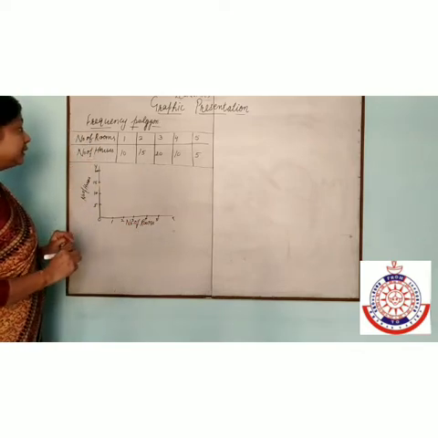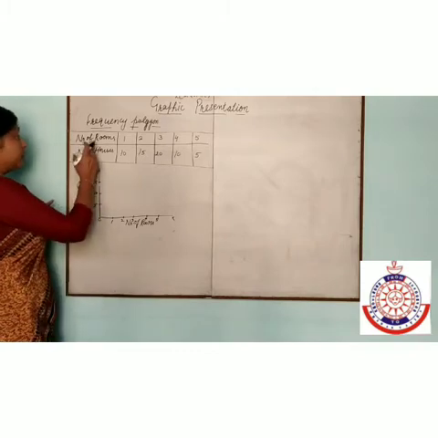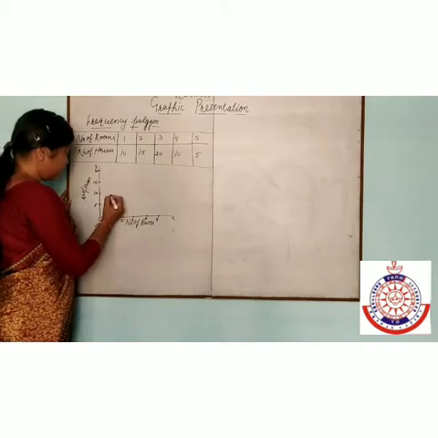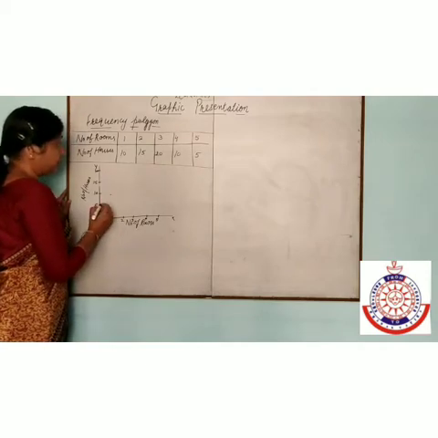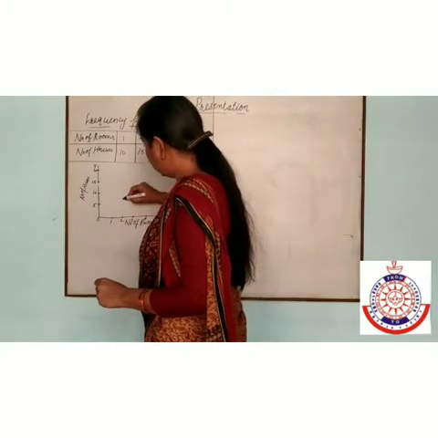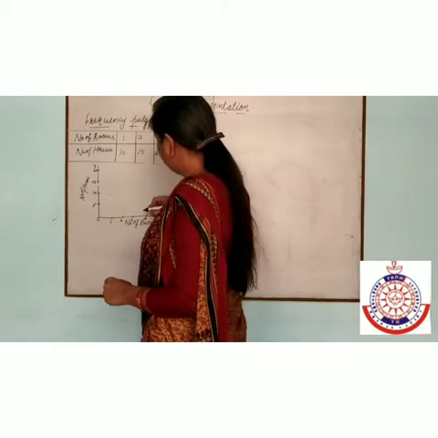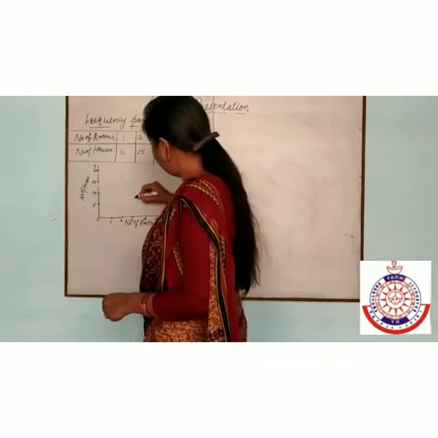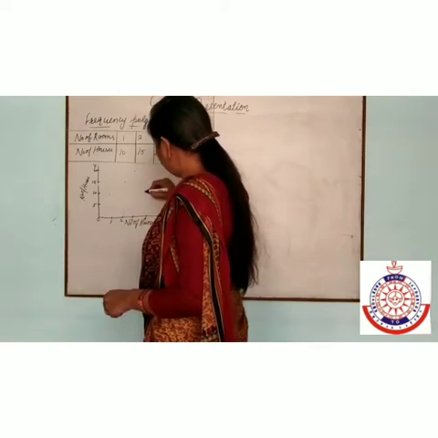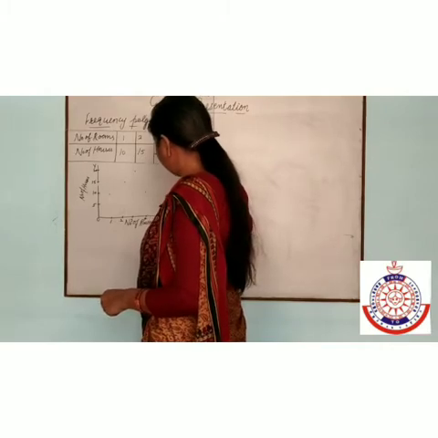This is our discrete series. In discrete series, how can we draw the polygon? Whenever the number of rooms is 1, the houses 10, we have to draw one point here. Number of rooms 2, number of houses 15, with 3, that is equal to 20, 4, 10, 5, 5.